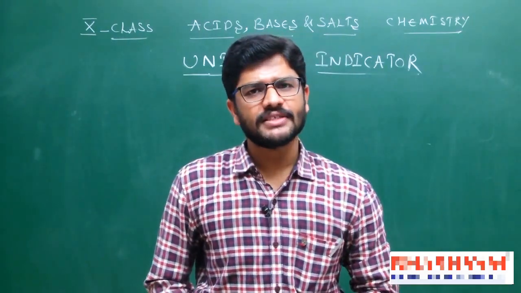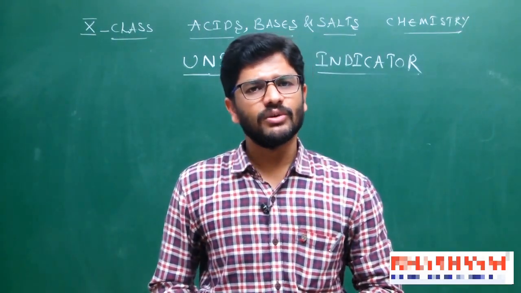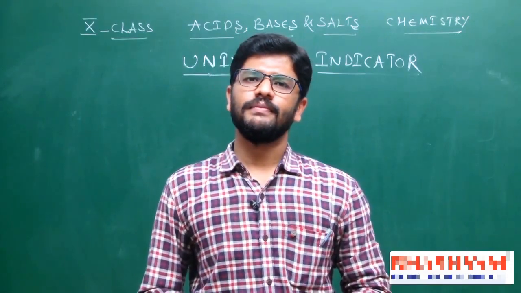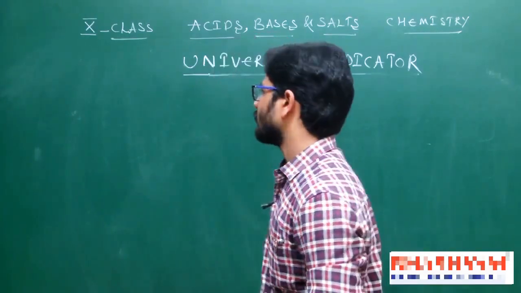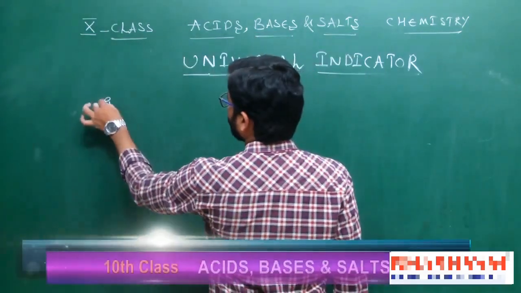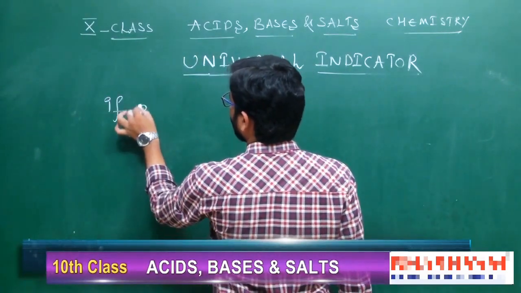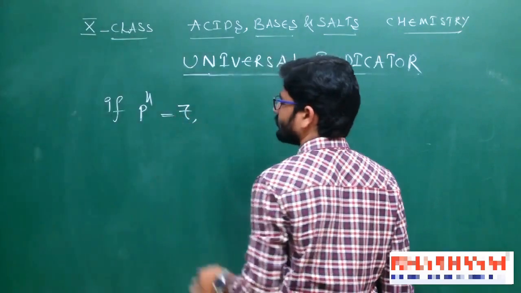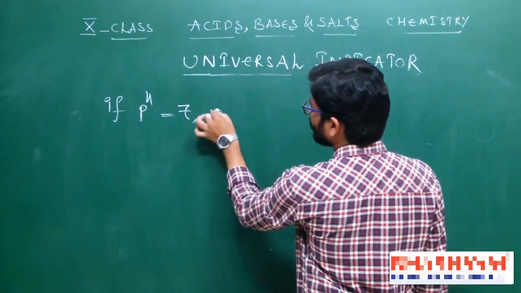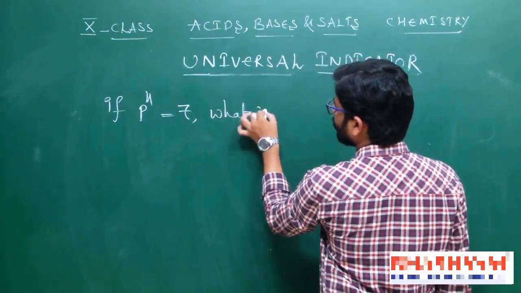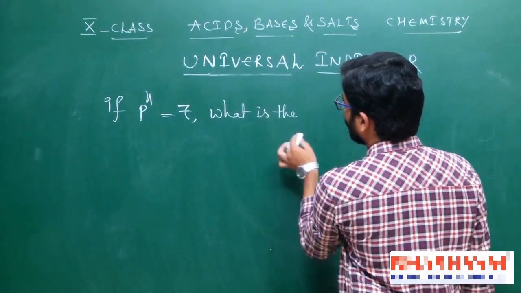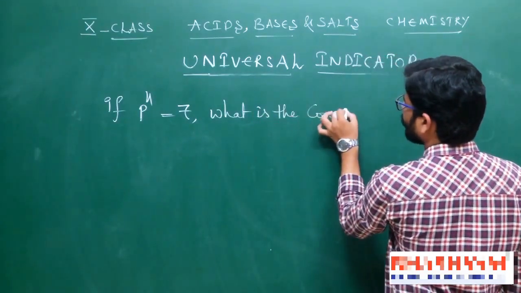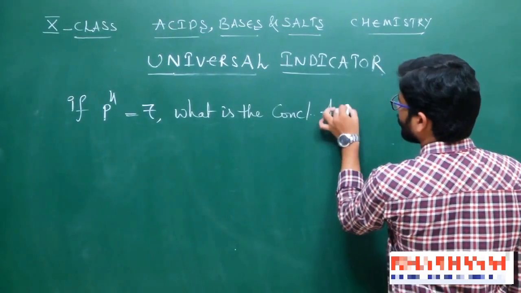Now based on pH, we can do one problem. Okay. If the pH of the substance is 7, what is the concentration of H plus ion?